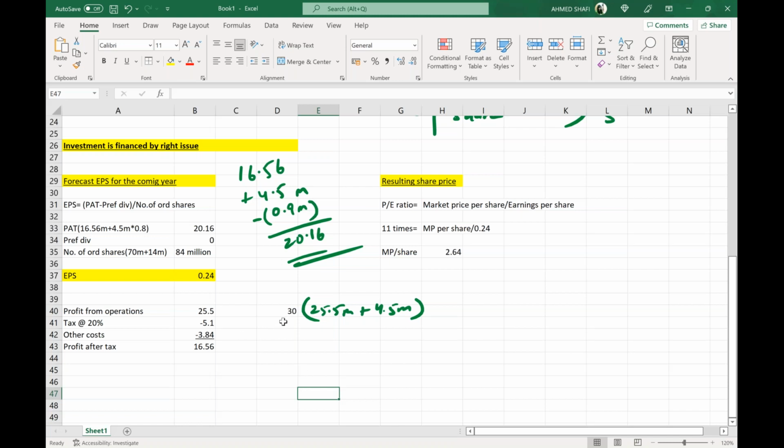On this 30, you will pay 20% tax. On 30, 20% tax is 6. And is there any information about an increase in other costs? No, there is no information about an increase in other costs, so they are likely to remain the same.